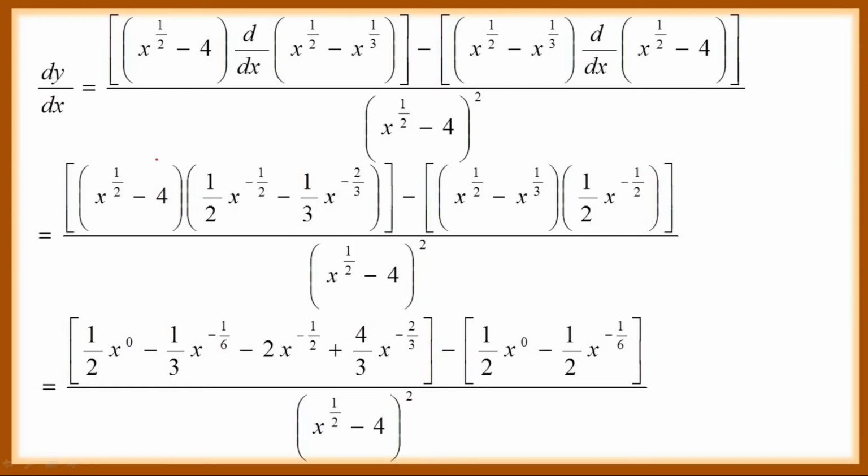And then, here, negative 4 times 1 is negative 4 divided by 2, kaya siya naging negative 2. Tapos, wala naman siyang variable, so we will just place x raised to negative 1/2. Same goes here. Negative times negative, that is positive 4 over 3, and then we copy x raised to negative 2 over 3.